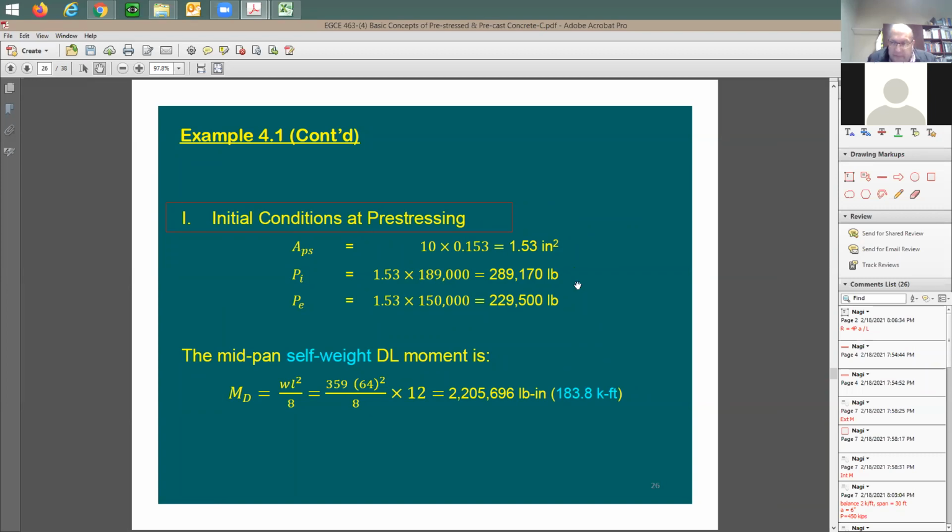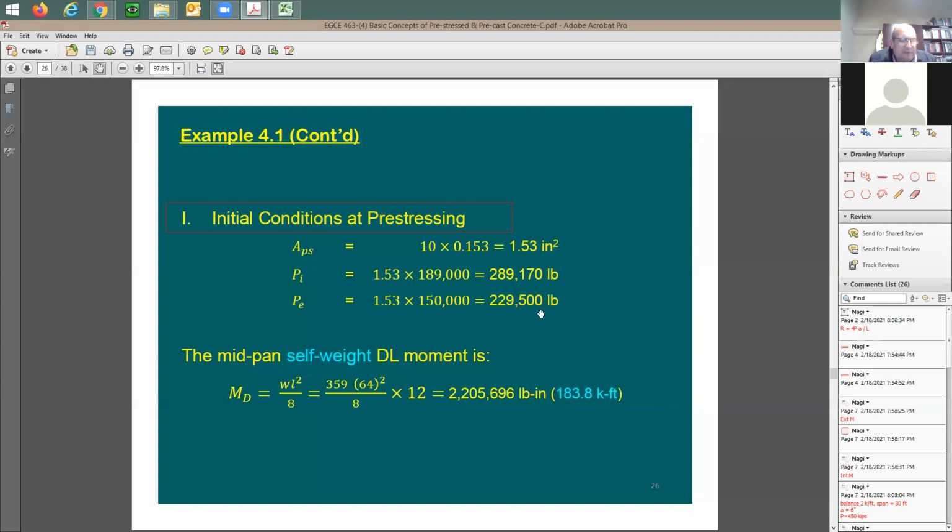Don't forget that this is going to be per strand, because here it takes 0.153 times 10. So this is going to be for all the strands, not just per strand. If I just use 0.153 times this stress, it is going to give me the force per strand.